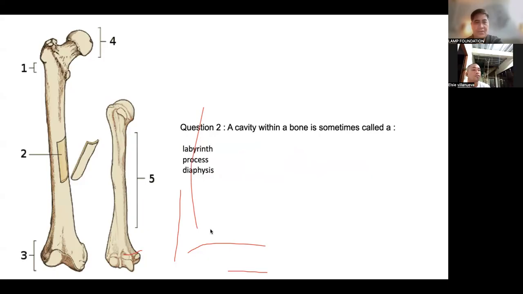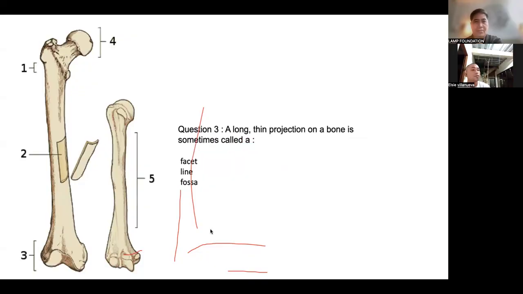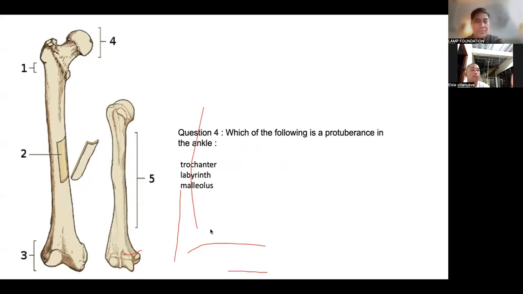is a fovea. A cavity within the bone is a labyrinth. A long thin projection on a bone is called a line. Which of the following is a protuberance in the ankle?